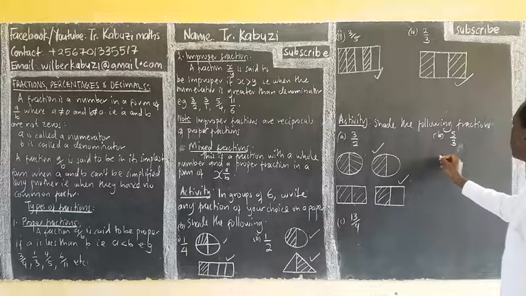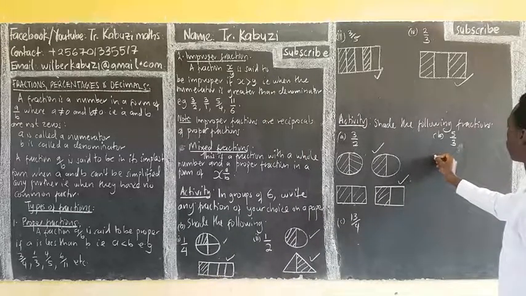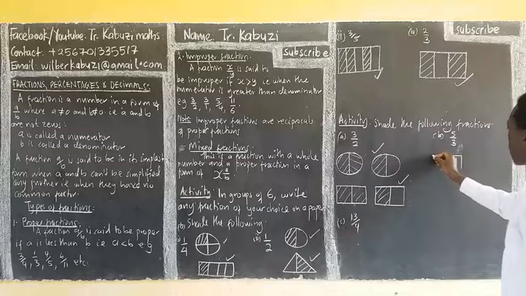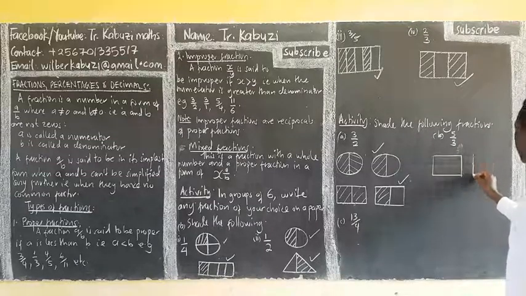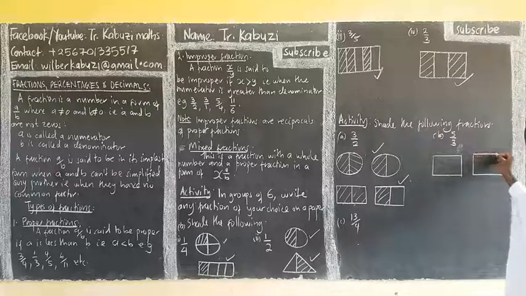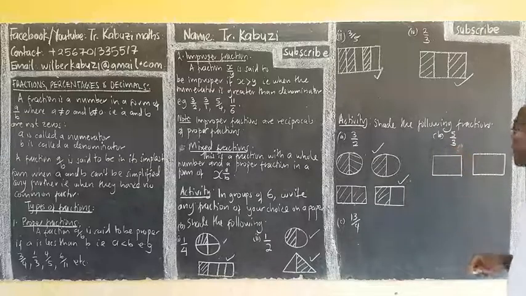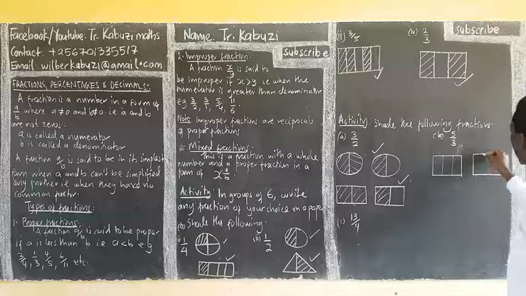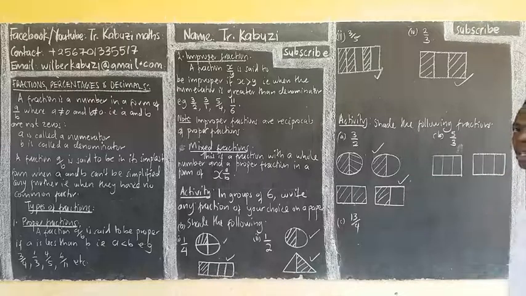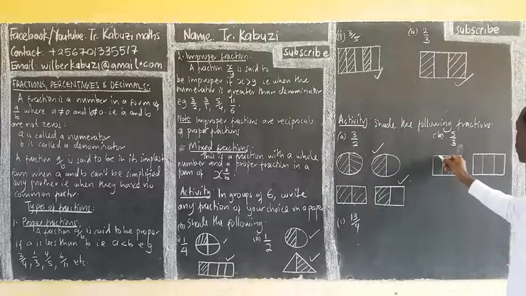So what you had to do is to draw like this. Then this one shows that you divide them into 3 parts. 1, so after you shade 5, this is 1.